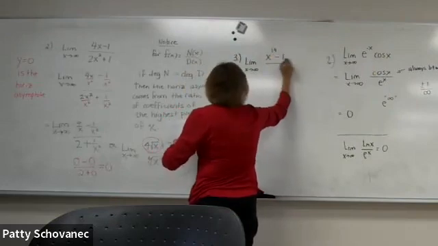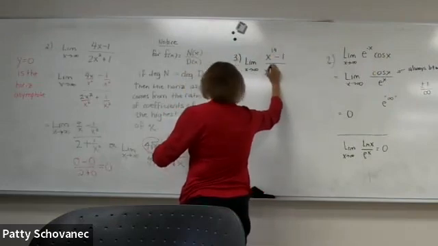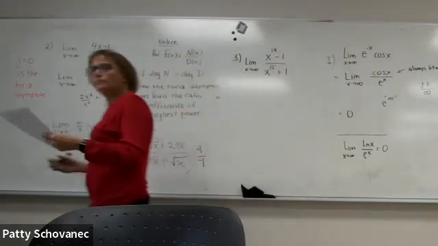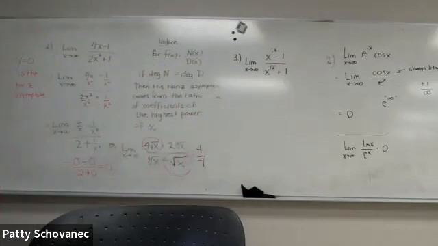The -1 on the end and the +1 on the end, they don't mean a hill of beans when x is large. The size of this fraction depends on the highest power of x. And those two powers are pretty close in size, 1.4 and square root of 2.